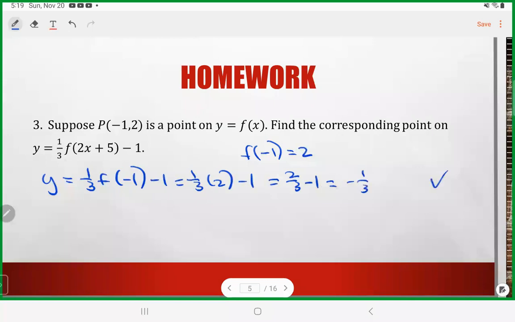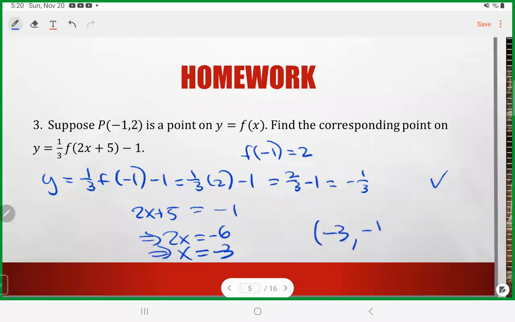All right, good. 2x plus 5 is equal to negative 1. 2x is equal to negative 6, so x is equal to negative 3. Very good. So then it's gonna be (-3, -1/3). Great. Good job.